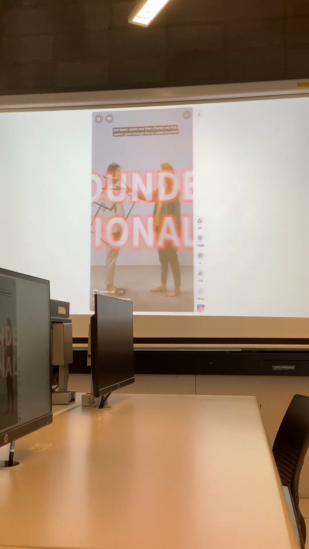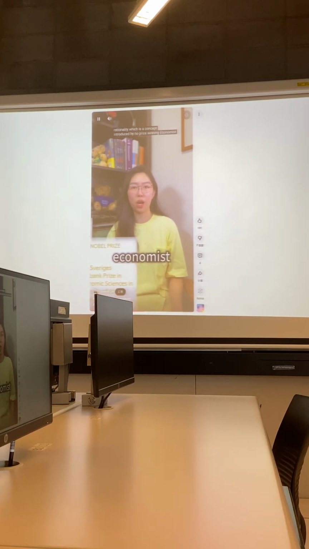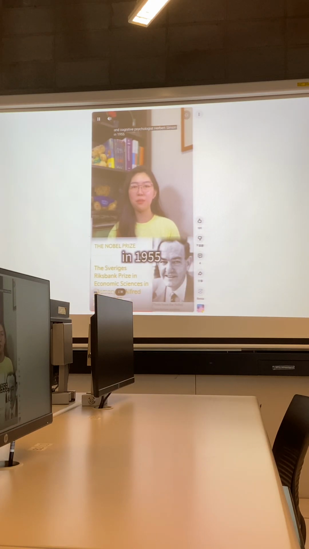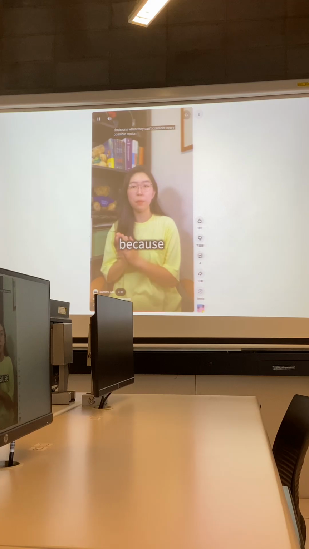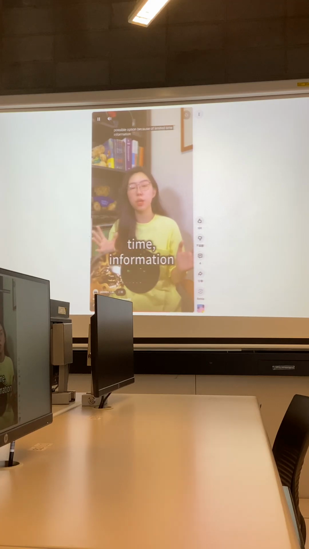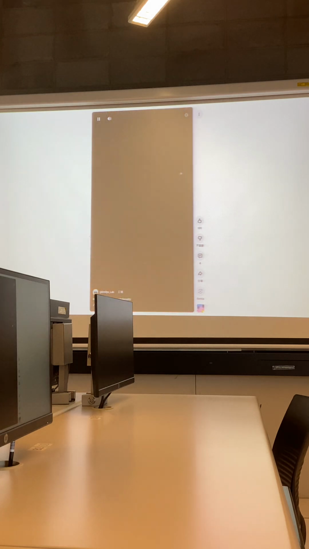This is called bounded rationality, a concept introduced by Nobel Prize-winning economist and cognitive psychologist Herbert Simon in 1951. It explains how people make decisions when they can't consider every possible option because of limited time, information, and brain power. While people try to make good decisions, they often settle for good enough because they can't consider every option.